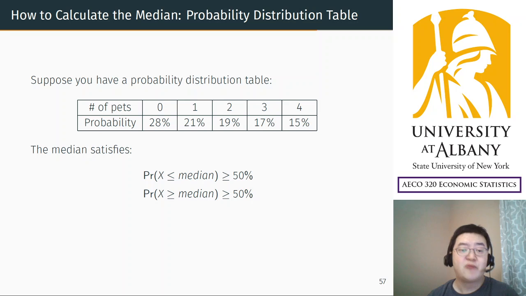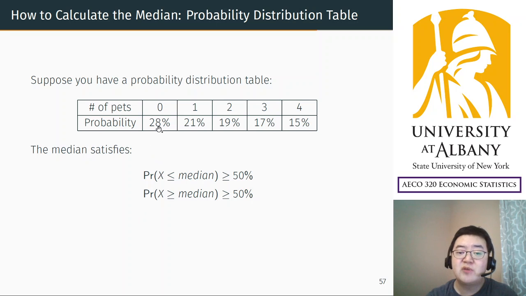Of course, it's fake data, but say we are interested in the number of pets in a household. So the number of pets can be 0, 1, 2, 3, 4, and the probability distribution is given as follows: 28%, 21%, 19%, 17%, and 15%.